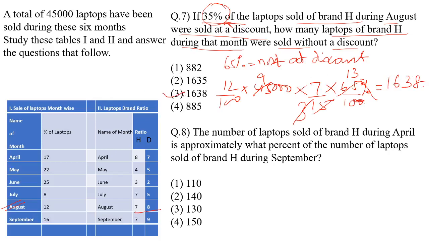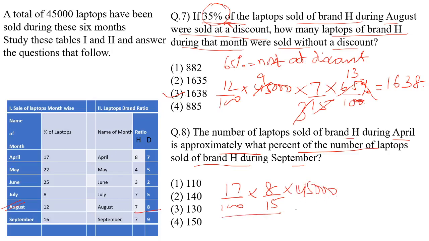So option number 3. The next question is, the number of laptops sold of brand H during April is approximately what percentage of the number of laptops sold of brand H during September? So what you will do here, brand H during April: you can see H in April, it is 17% of 8 by 15, and this 45,000 is common, right?